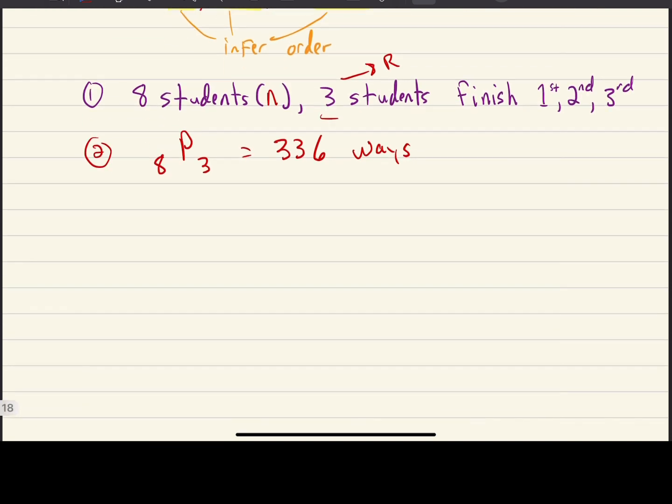Now, if we're using the formula, your nPr is going to be 8 factorial over (8 minus 3) factorial. And then this, again, plug it into your calculator, make sure to put the factorial signs, and make sure to use brackets, would still give us 336 ways.